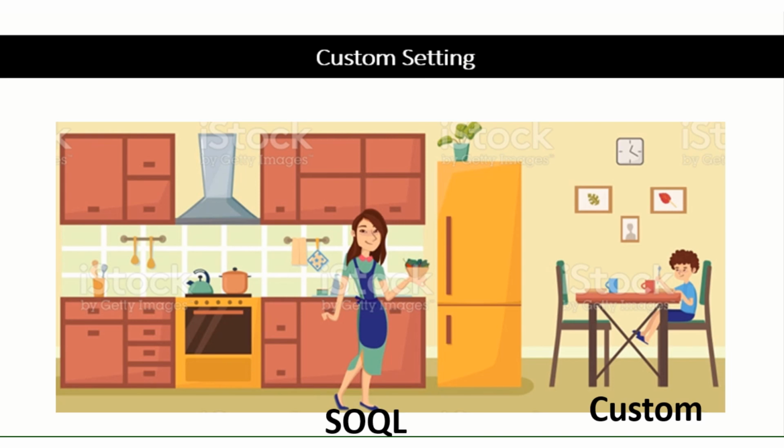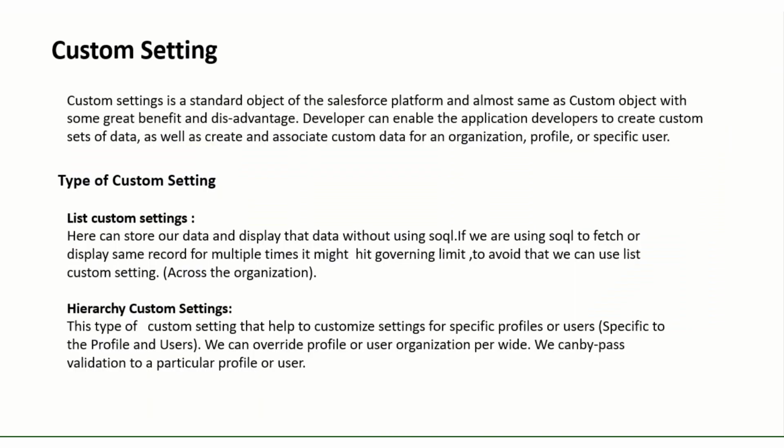Let's see what the basic definitions are and what the types are. As you may have heard, custom setting is a standard object and it is almost the same as a custom object, but there are some advantages and disadvantages. Developers can enable the custom settings in their org.